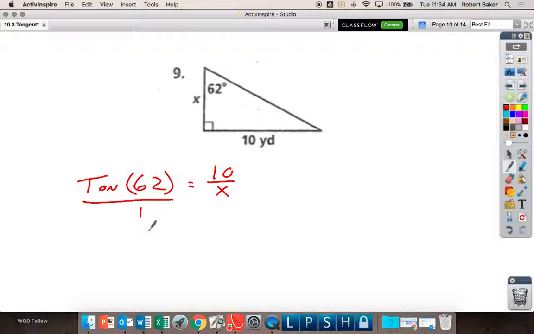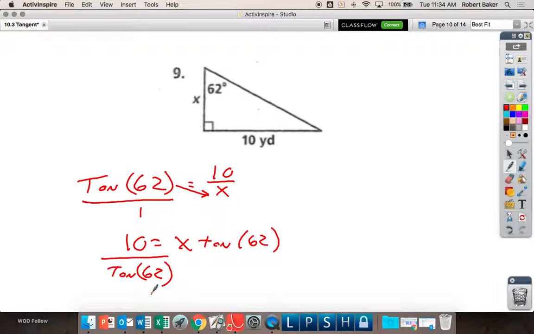10 times 1. 10. X times tangent of 62. X tangent of 62. How do you get x by itself? You divide by tangent of 62. So look at how it started.